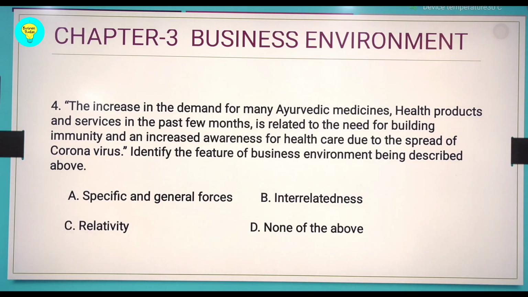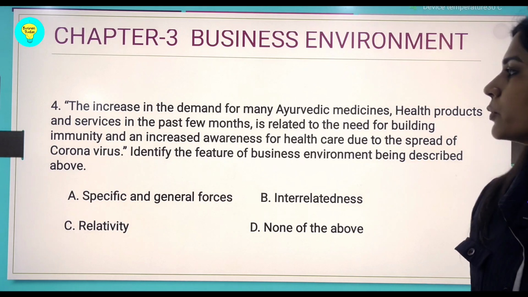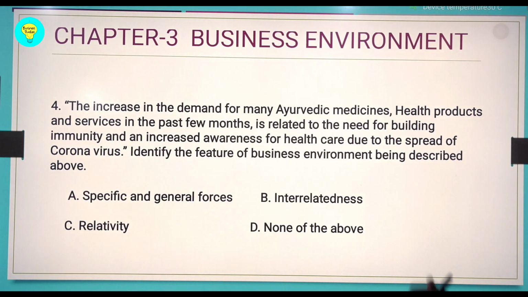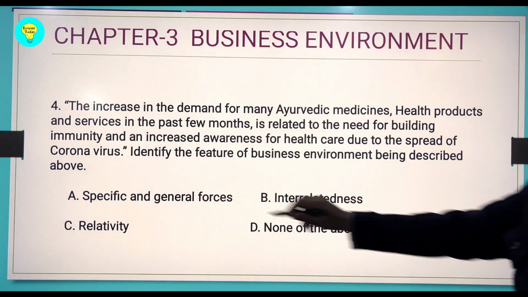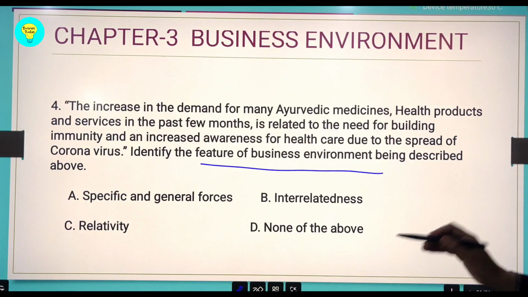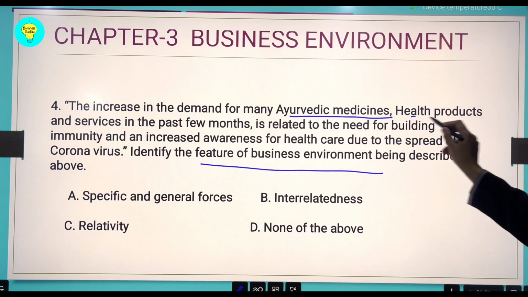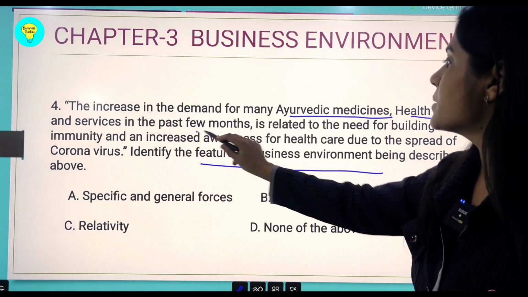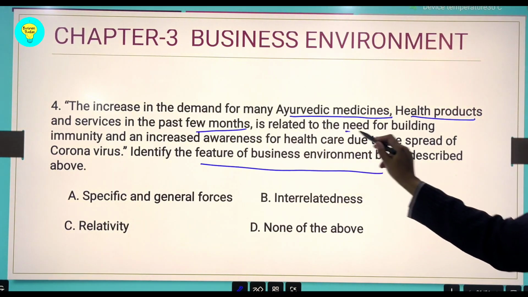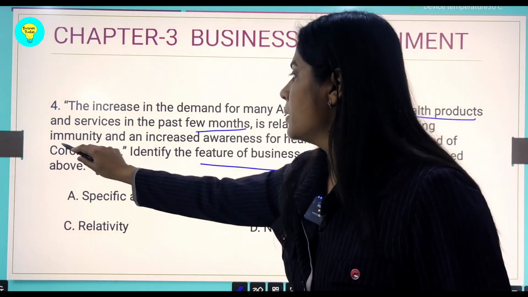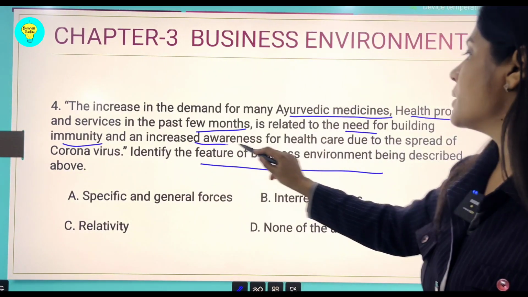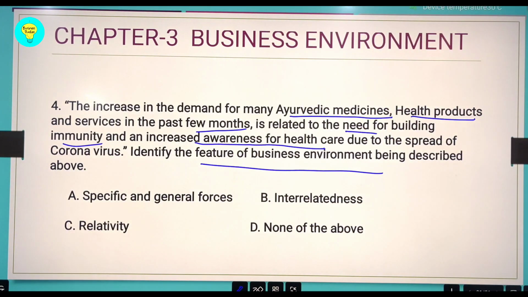See students, another question from this topic over the past few years. It's a 1 marker. We need to identify the feature of business environment that is being described above. The increase in the demand for many Ayurvedic medicines, health products in the past few months is related to the need for building immunity and increased awareness for health due to spread of coronavirus.